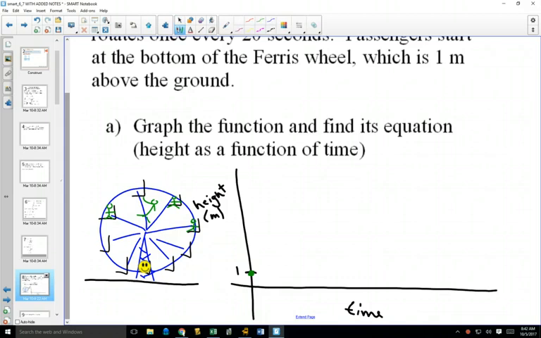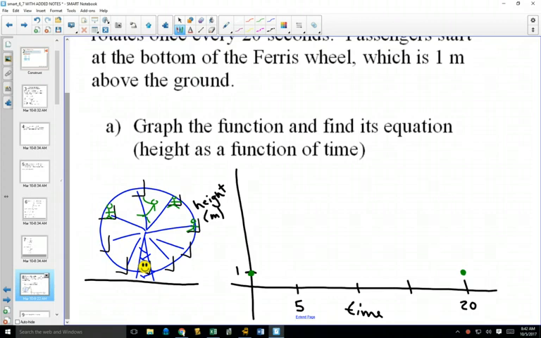Tell me another time that I could put on. 5 seconds I could put on? Someone said 20 seconds. Where will you be at 20 seconds? Back at the base, back at the beginning. Okay? So that sort of represents one full time around. That will be 1 period.